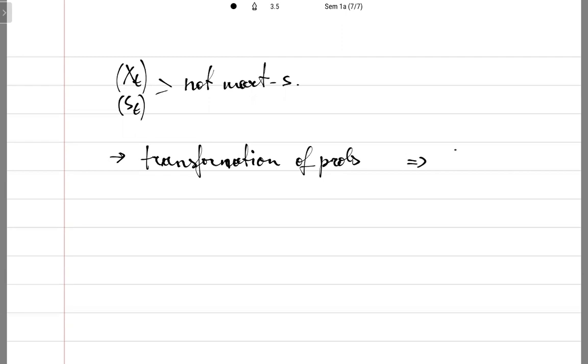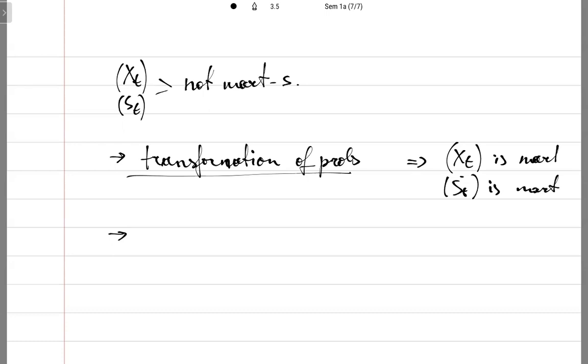Xt is a martingale when probabilities are changed, and St is a martingale when probabilities are changed correspondingly. We have also transformed St in two ways: Zt is St minus 0.2 times t, and Yt is 2 over 3 times St, and these are martingales.